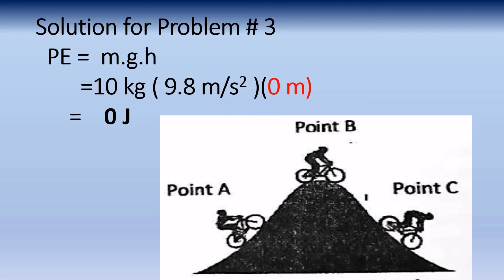When the bike goes down, the kinetic energy will increase because the speed will increase. So the two factors that affect the kinetic energy are mass and velocity, and the factor that affects the potential energy is the height.